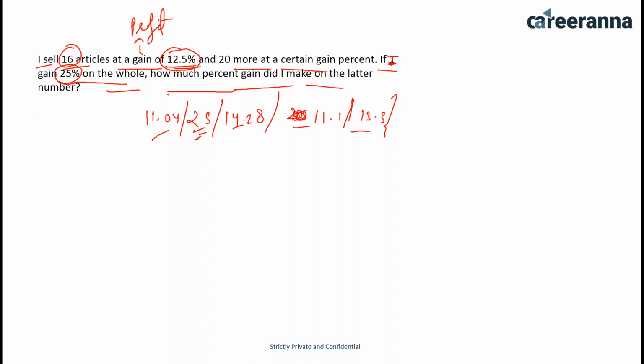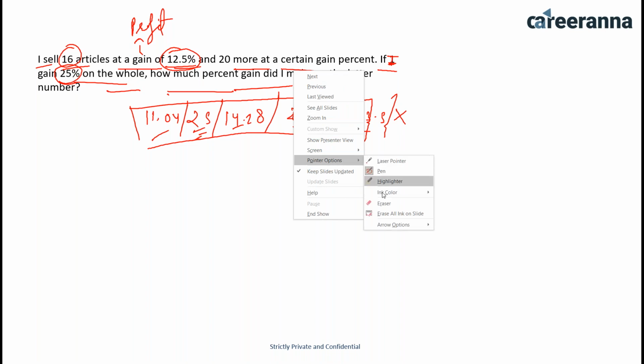Guys, see, if these were the options, none of these will be the answer. You have to understand the basic thing. You don't have to solve it, I'll tell you.